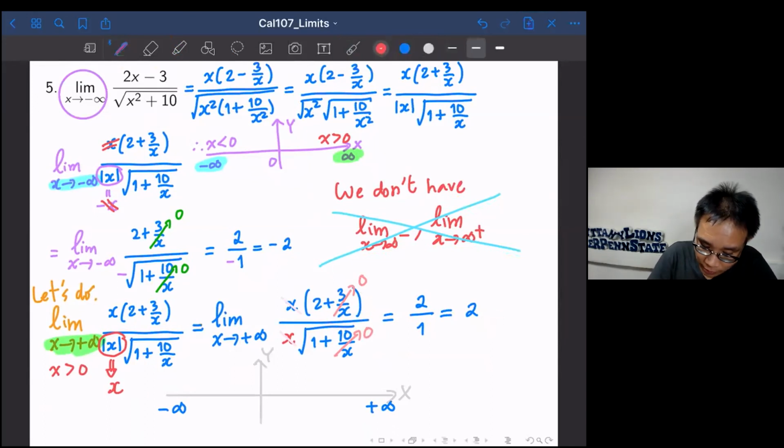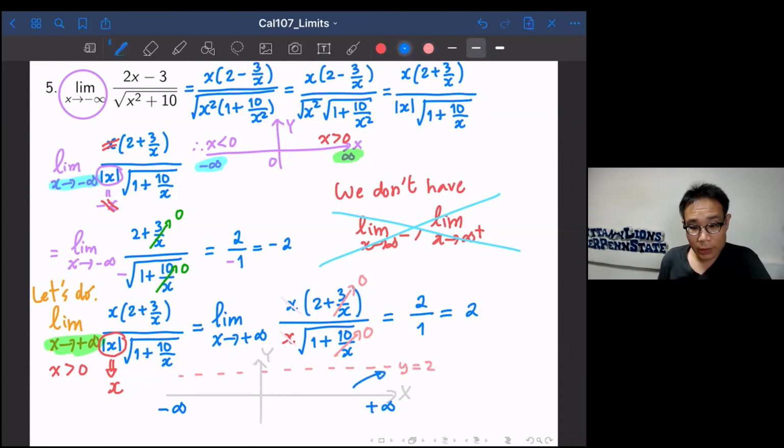So the graph will look like a horizontal line like this one. This one is y equal to 2, and your graph will tend to this line. Okay, horizontal asymptote.